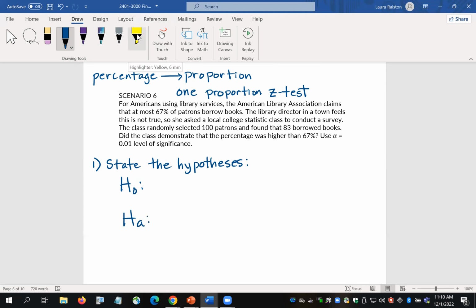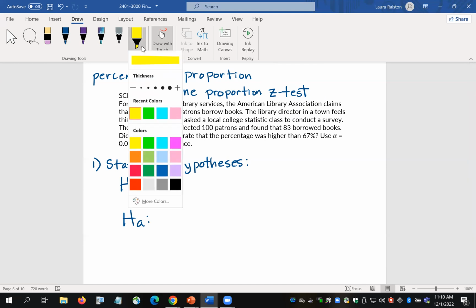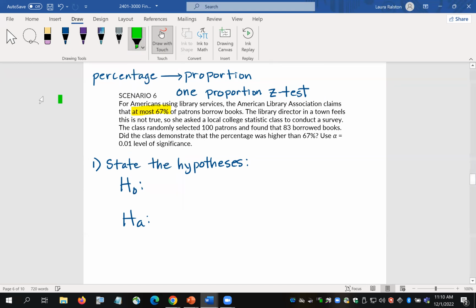I would encourage you on this particular problem to be careful, because in the claim made by the Library Association, it says at most 67%. But if you go to the end of the problem where the question is, it said, did the class demonstrate that the percentage was higher than 67%?